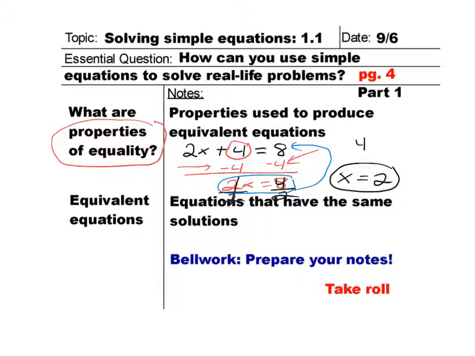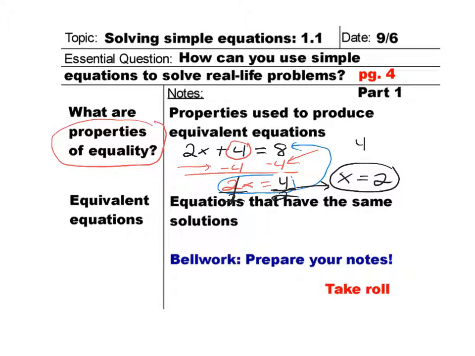So just a lesson, make sure that you're actually performing the operation. So 8 minus 4 is going to give you 4. I'll go ahead and erase that so it's more clear. And then 4 divided by 2 is what's going to get me this final answer of 2.